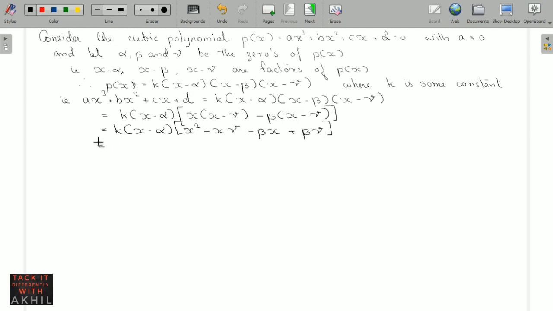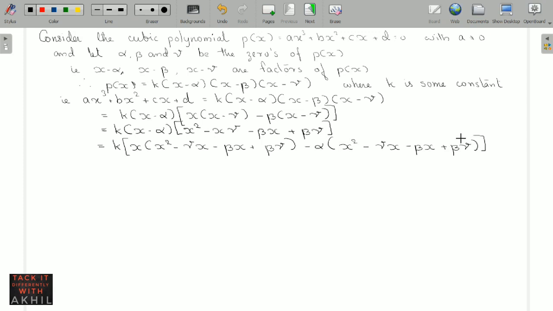Now again applying the distributive property and simplifying, x into x squared minus gamma x minus beta x plus beta gamma, minus alpha into x squared minus x gamma minus beta x plus beta gamma.